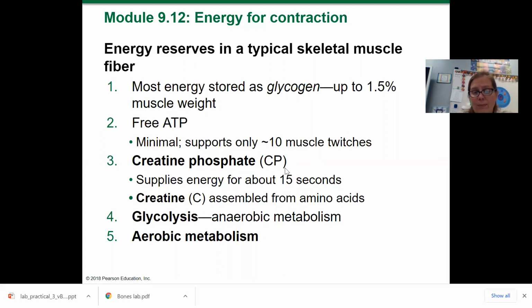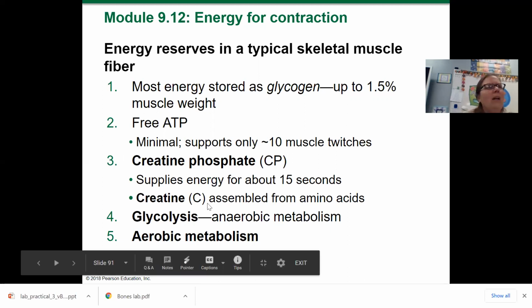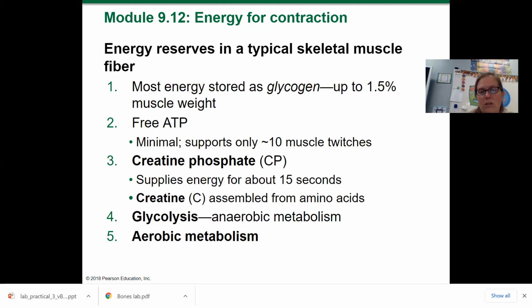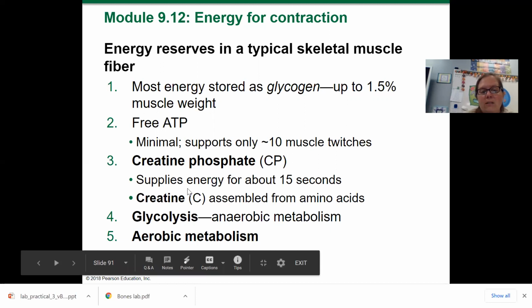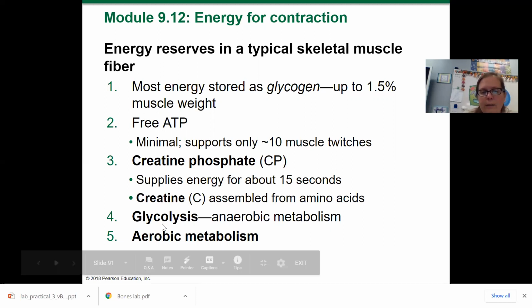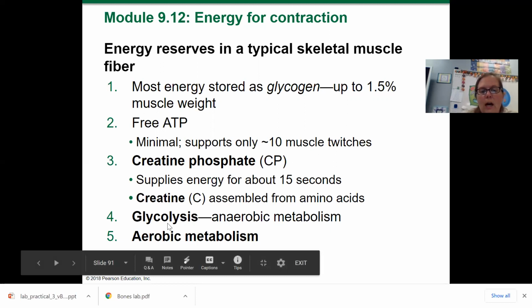Creatine phosphate can break down and supply energy for about 15 seconds. The creatine is the carbon base and it's assembled from amino acids. You may have seen protein powders and stuff that claim to have excess creatine phosphate. That's why, because it does supply so much energy.